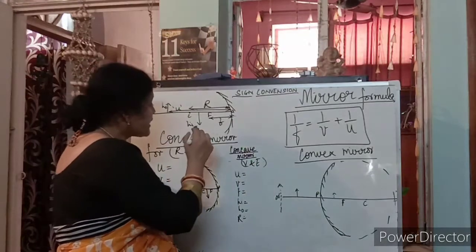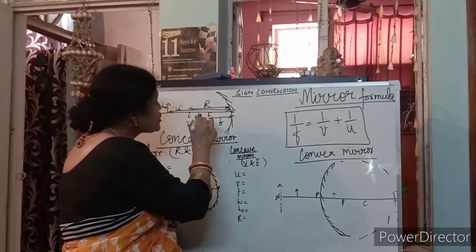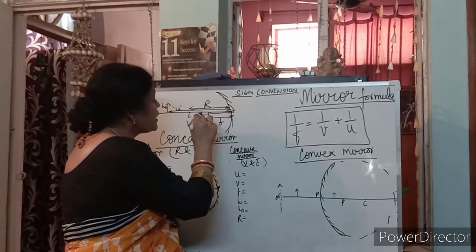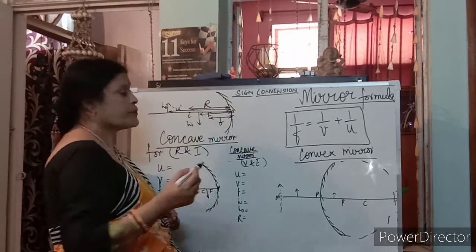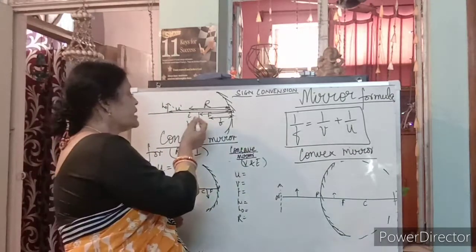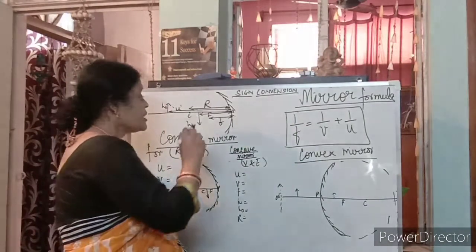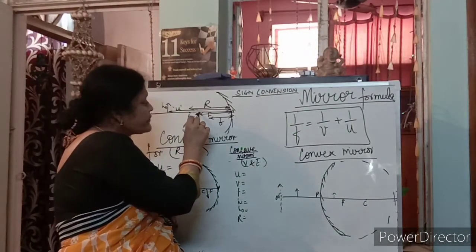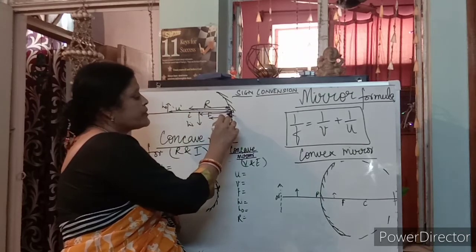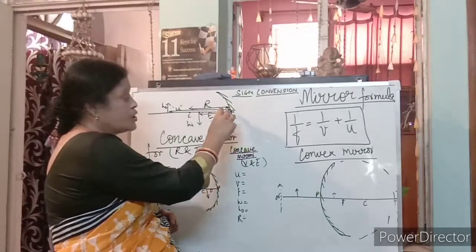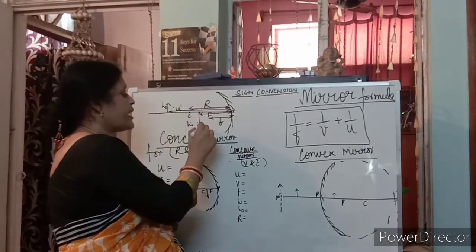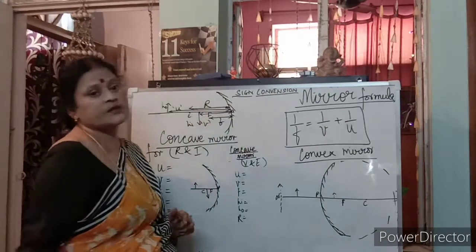Now what is V then? It is the position from the pole to this image. Suppose I have drawn the object beyond C, so the image is between C and F. Suppose the image is formed there, right? Wherever the image is formed, this is the position from the mirror, from the pole, and it is represented by small v.